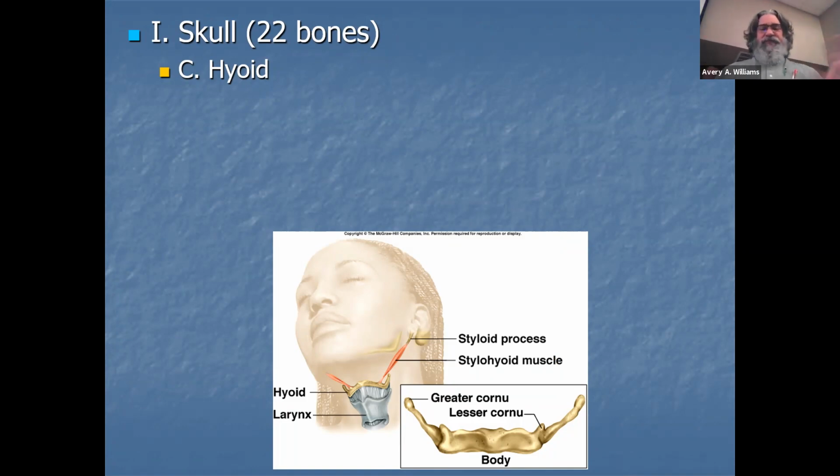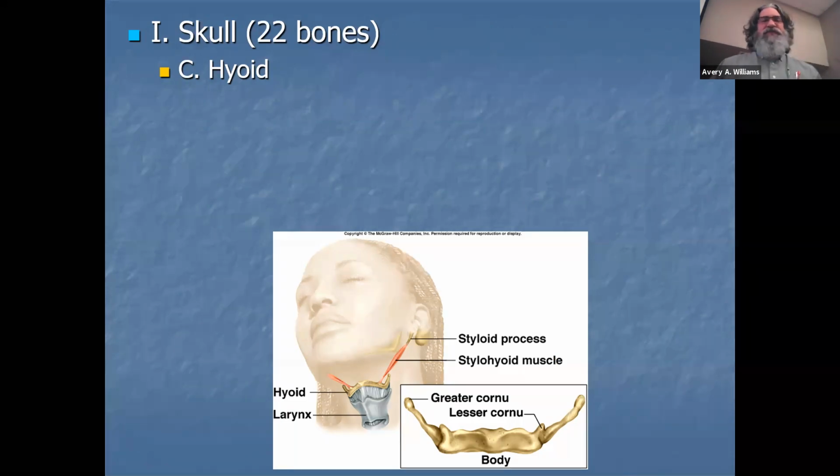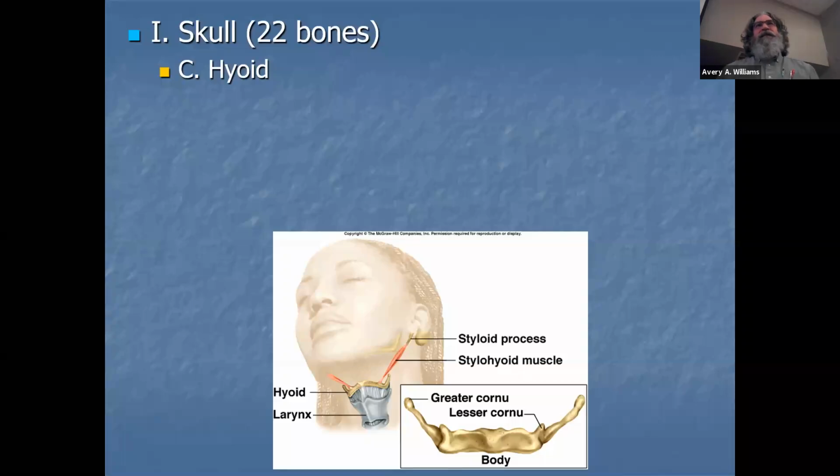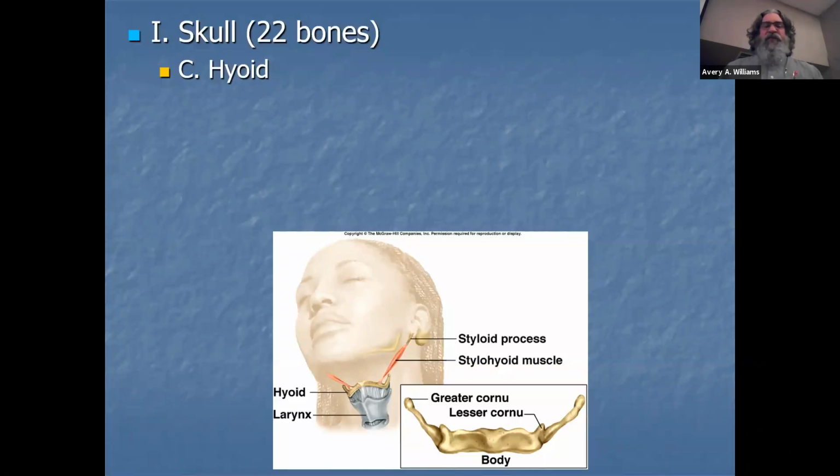I was struggling with including that as a facial bone, as the author of your book does. And that's okay, because think of your jaw, your mouth, it's part of your face. But in most other vertebrate anatomy courses, the dentary bone and the hyoid bone are ranked together as separate entities associated with the skull.